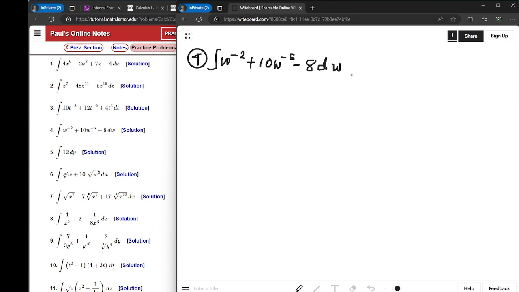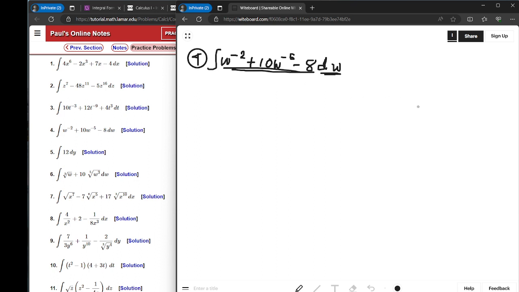Again, in the rules of integration, those terms in between the integral sign and the derivative of the variable will be integrated. If the dw were not placed here but here, that means we only need to integrate these two terms. But in this case, the dw is written at the end, so we need to integrate all of these.